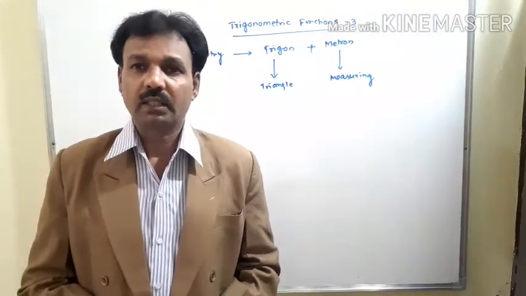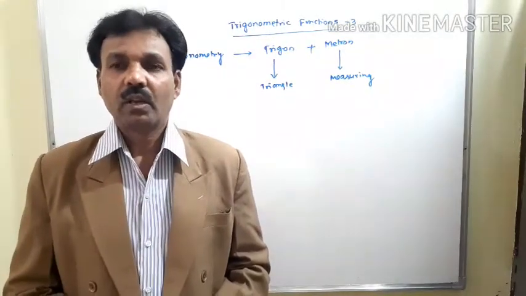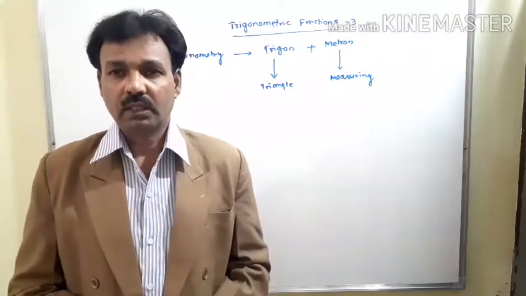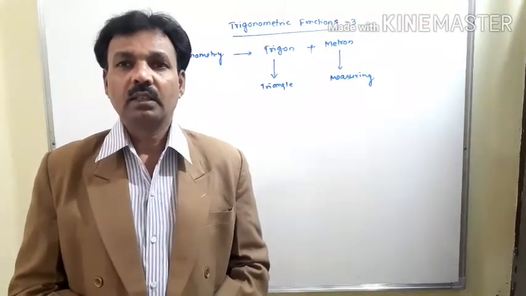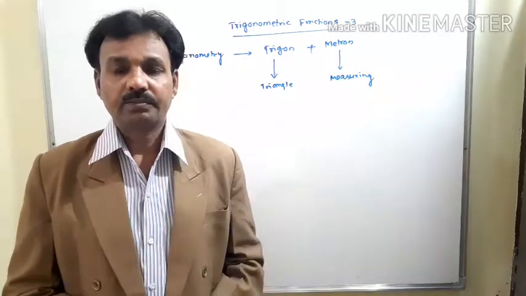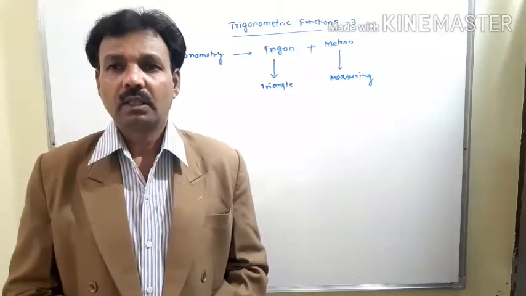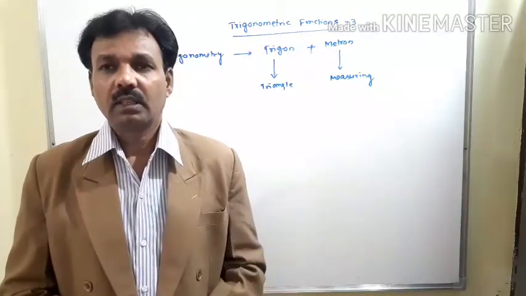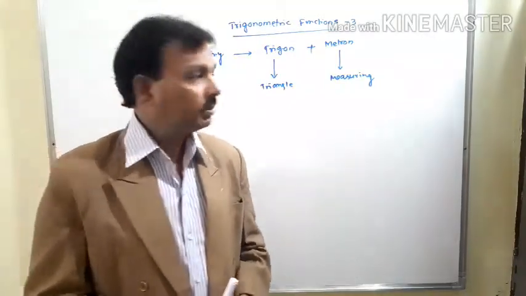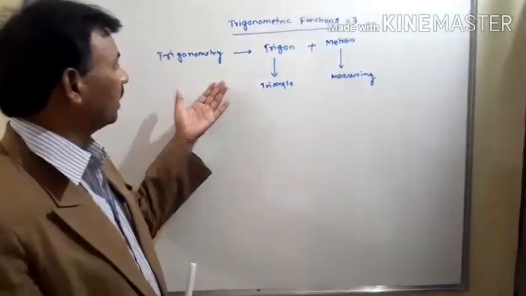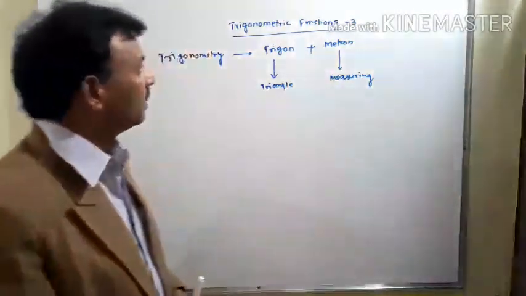That means we can apply trigonometry to each type of triangle. Outside of triangles we also apply trigonometry in other fields, like geography, physics, chemistry, and in mathematics we already studied. So the area of trigonometry is very vast.